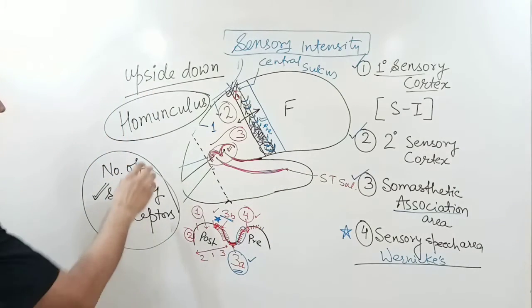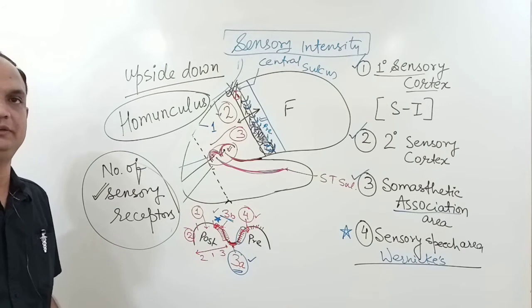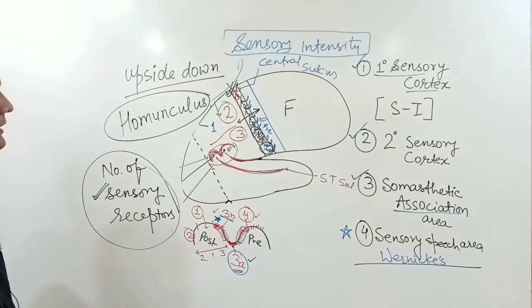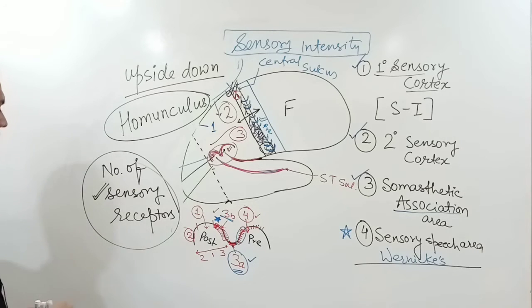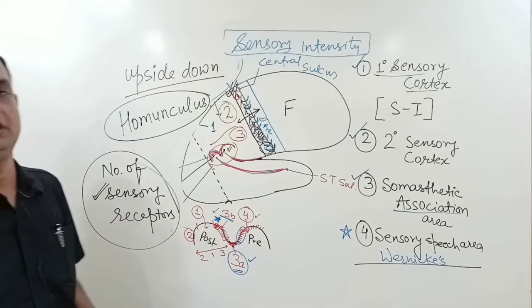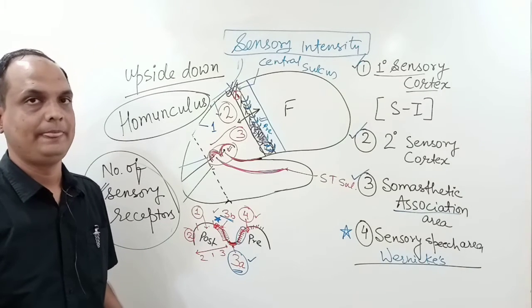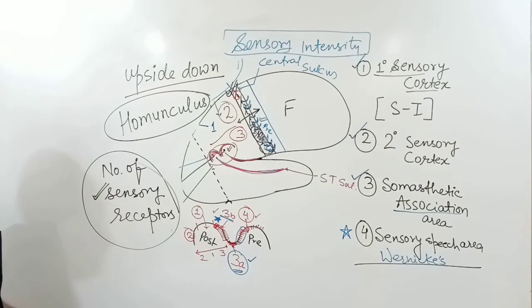So again you will have the homunculus with disproportionate size of the body parts, and that is determined by the number of sensory receptors, not by the size of the organ or body part. So this is the sensory homunculus.